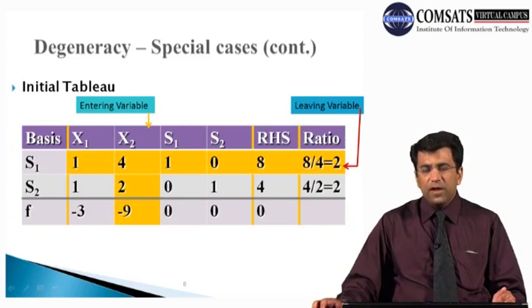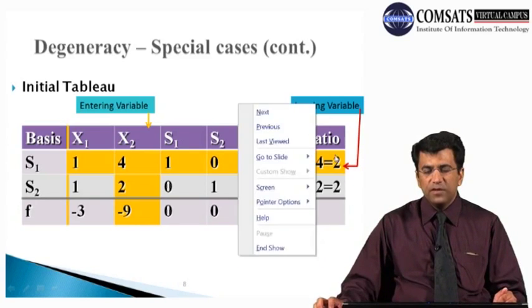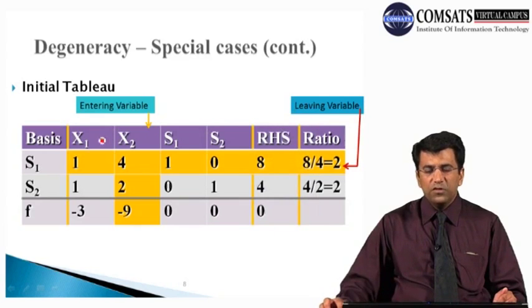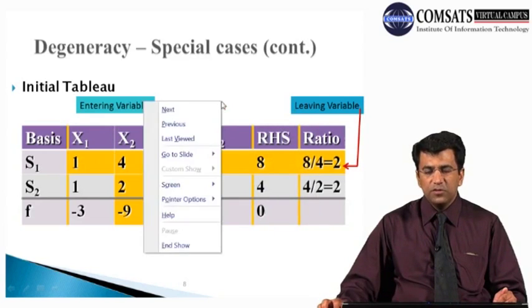So again we'll have to put the coefficients of the different equations as well as the objective function in this table. Our first equation is x1 plus 4x2 plus s1 equal to 8. So class, we have put these coefficients here in the table.